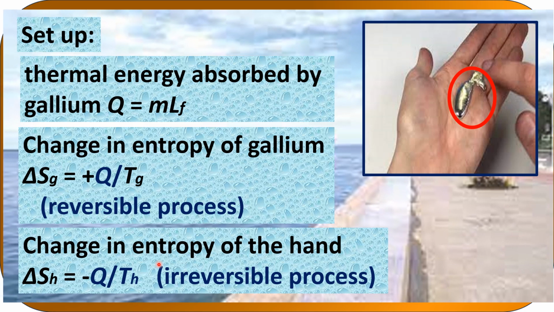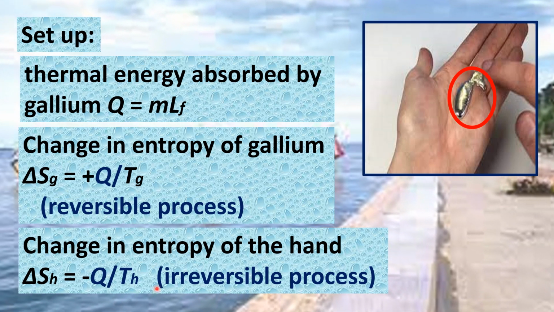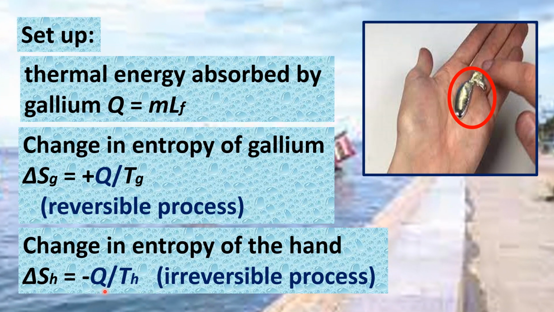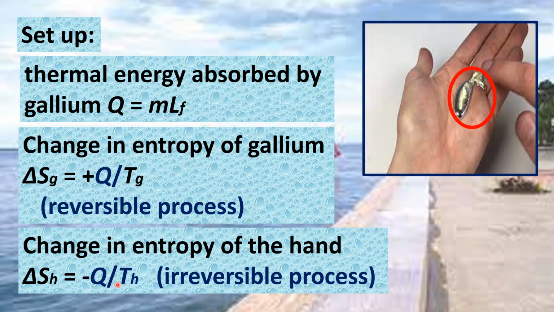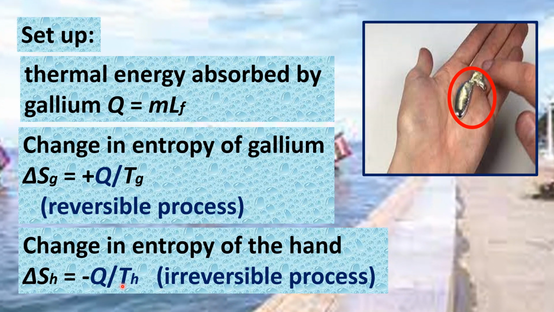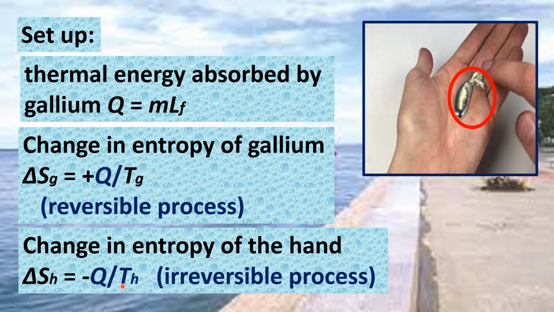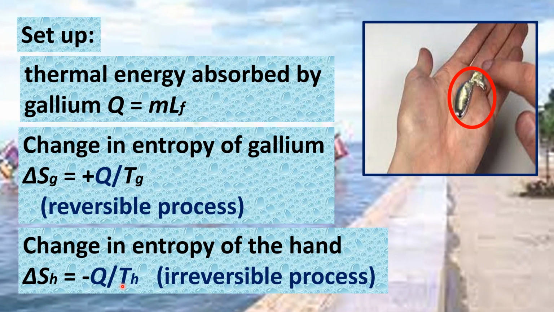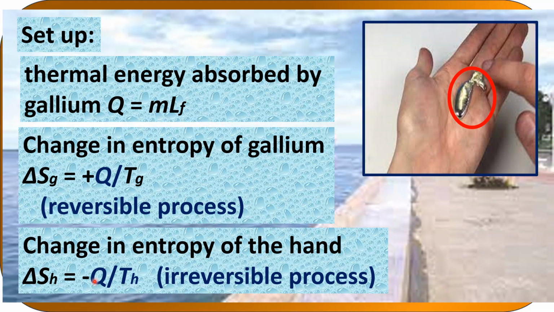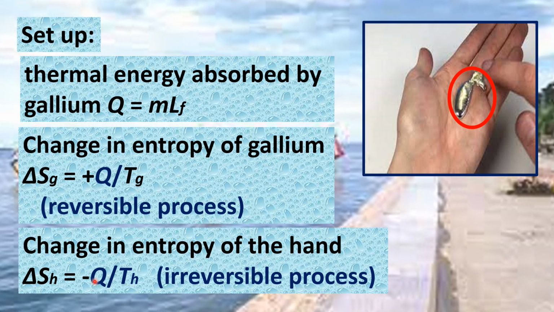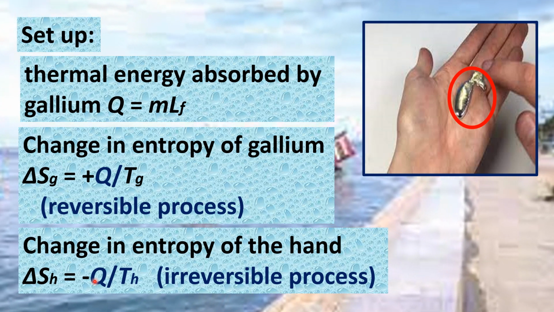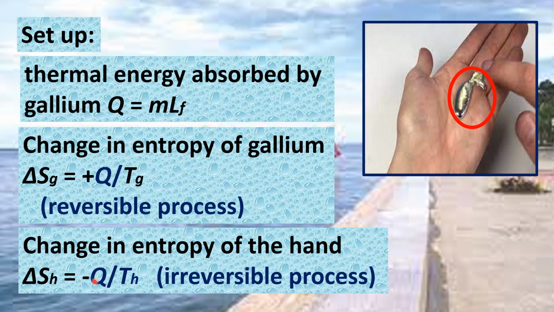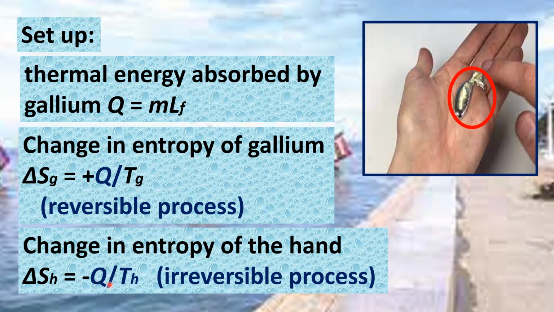This process of liberating energy does not significantly change the internal energy of the hand. Hence, its temperature, which is the normal body temperature, will just stay at 37.0 degrees Celsius or 310 Kelvin.